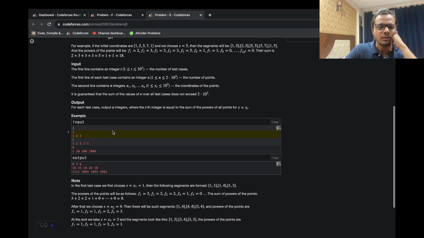Okay, that makes sense. So we can simply add n to our answer for every element. That's fine. So for 4 we should get 3 plus 1 plus 3, yeah, 7. Yeah, that's correct. Cool, so I think that's what we are interested in.